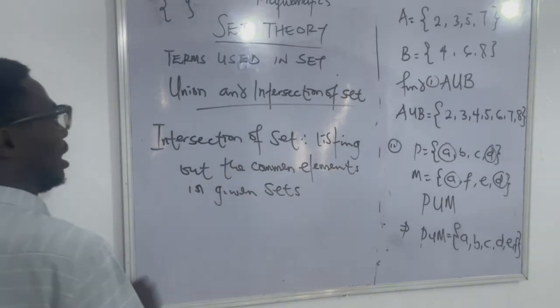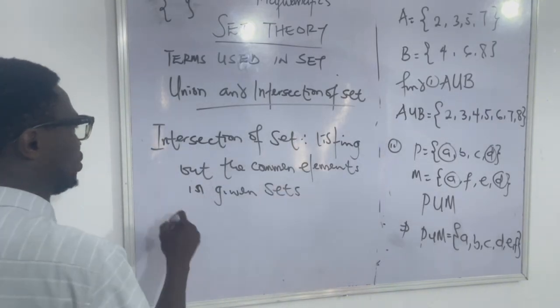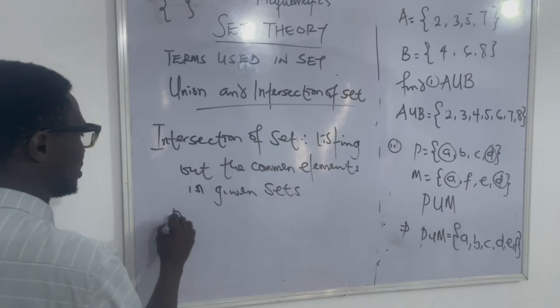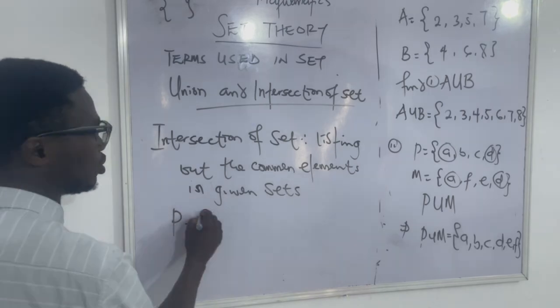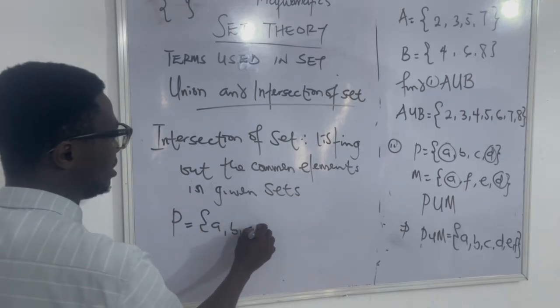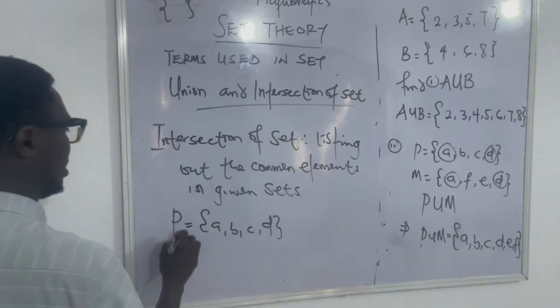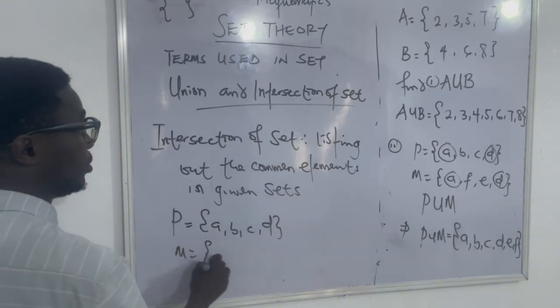Let's take example 2 under union. So set P is what? A, B, C, D. And set M is what?